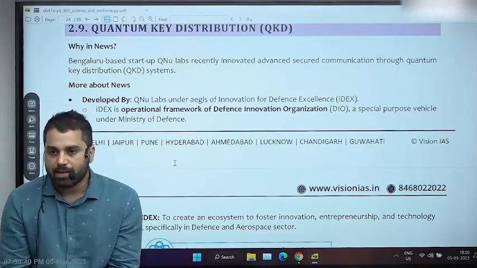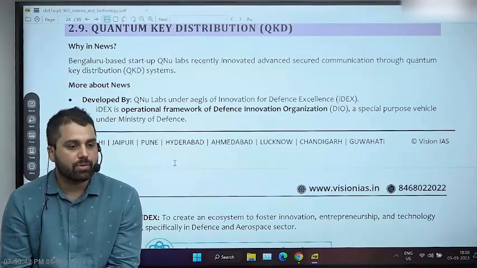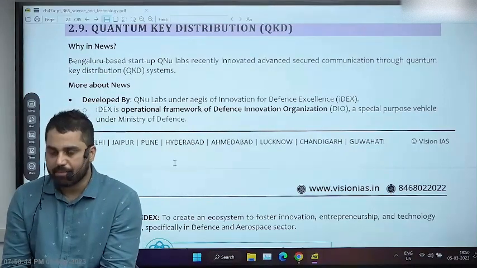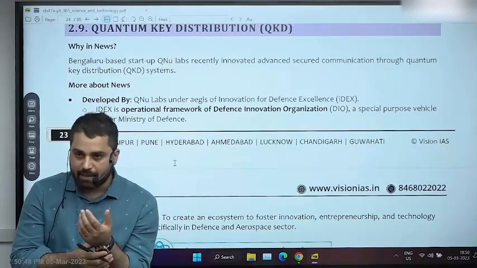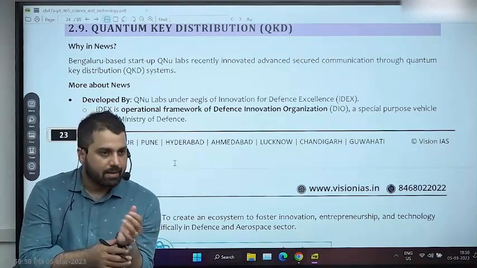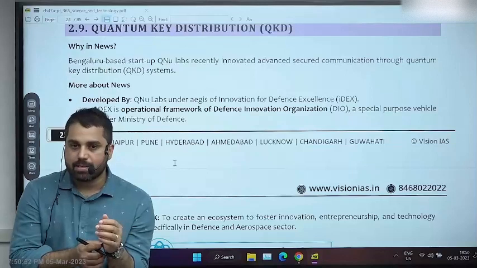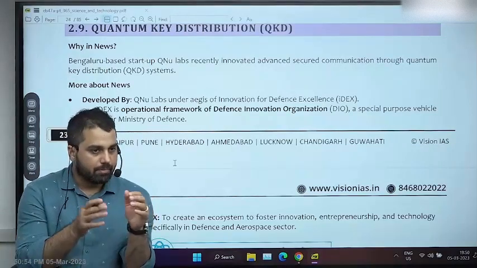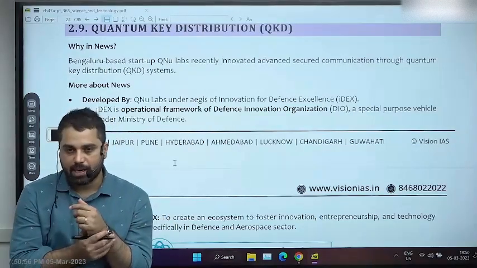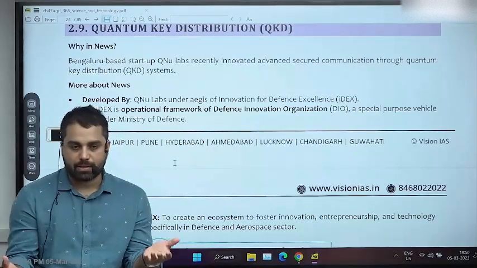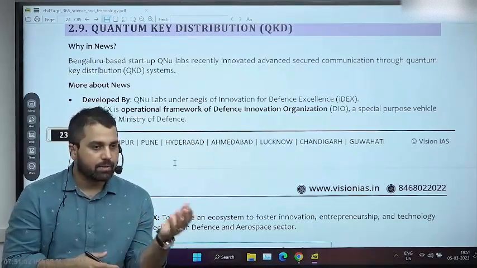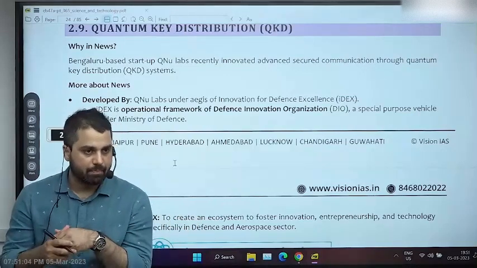That will require an entirely new set of laws, and those laws we are calling quantum physics. So we have a very good understanding, as of now, despite the fact that it is a very complex subject, of the working of nature at a smaller scale, and we are trying to use that for different types of technology, चाहे वो computation हो, चाहे वो communication हो, चाहे कोई भी और area हो.